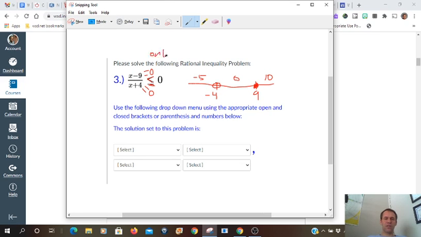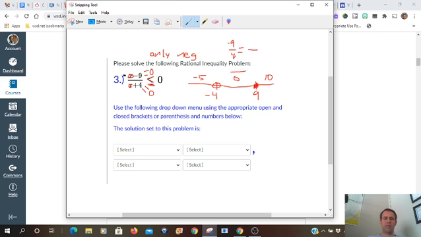Do you guys remember this part? Less than or equal to 0 is only negative numbers. So when you plug in 0, you get a -9 on top divided by a +4 on the bottom, and -9 divided by 4 is a negative number. Negative.